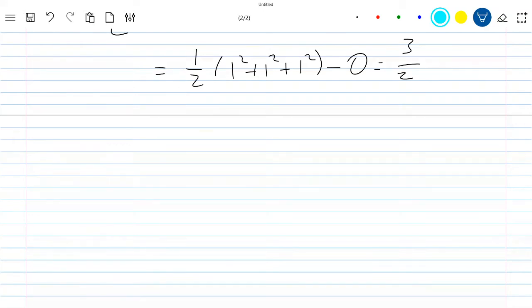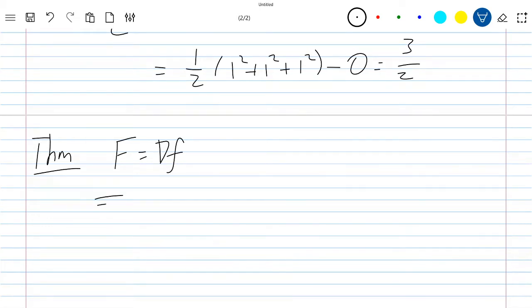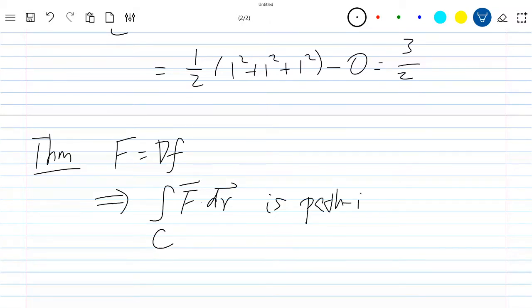Now we can restate this in a theorem. If f is a gradient field, then the integration of f along the curve only depends on its starting point and end point, or we can call it path independent.